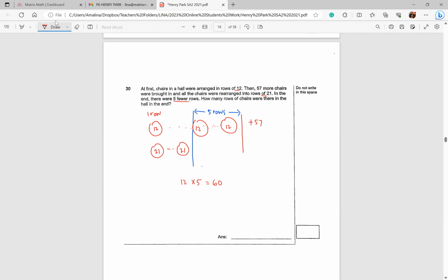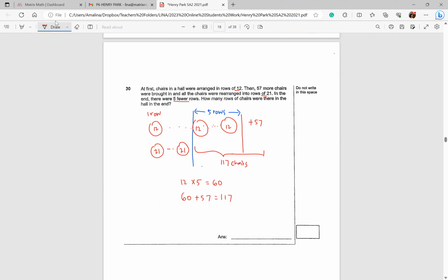Then I need to remember to add the 57 chairs that you added over here. So 60 plus 57, I will have 117 chairs. So this is the extras. This part here is your 117 chairs.